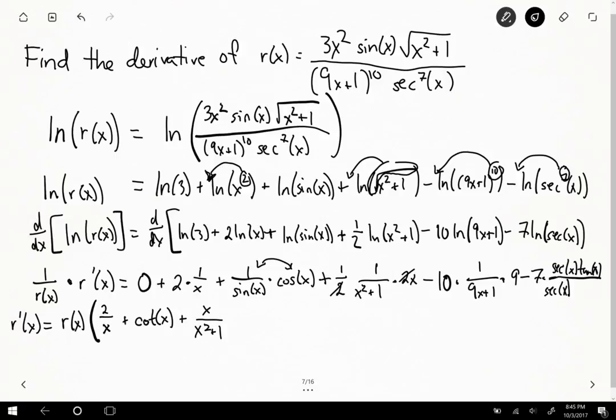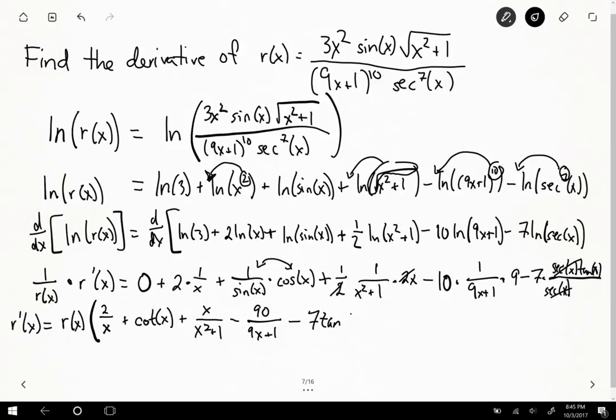And by the way, all this simplifying is not necessary, so you don't have to have cotangent of x and all that jazz. I take all sorts of different answers as long as they're equivalent. So notice we have 9 times 10, that makes 90, over 9x plus 1. And then minus, notice the secant x's will cancel, and you're left with 7 tangent of x.